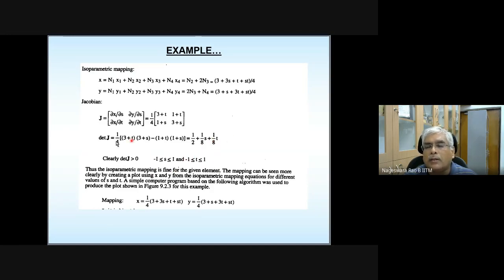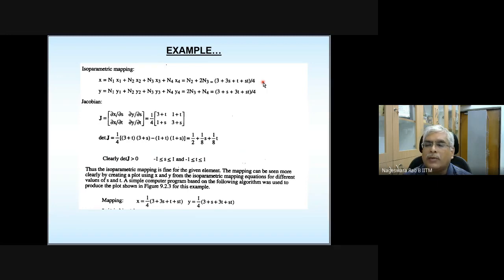Or if you don't like to plot this determinant of J, what you can do is plot X and Y between S going from -1 to 1, T going from -1 to 1. How do you plot? This is like a parametric equation. You need to just go back to your Mathematica or MATLAB and see how to plot parametric equations.